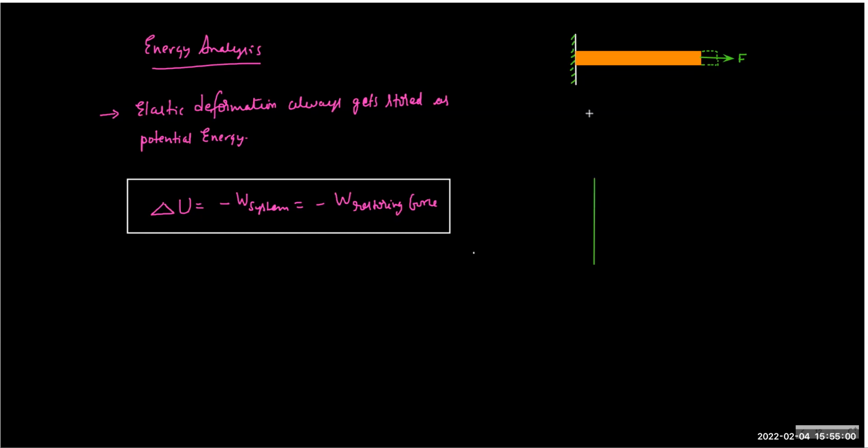So if we plot the graph between the restoring force versus deformation, and let's say the deformation is delta, the restoring force will develop gradually. It will start from 0 and it will develop in the opposite direction.